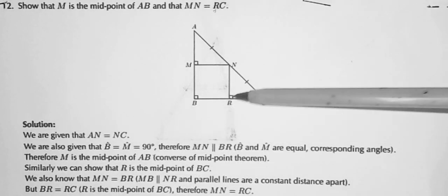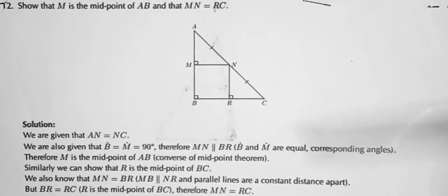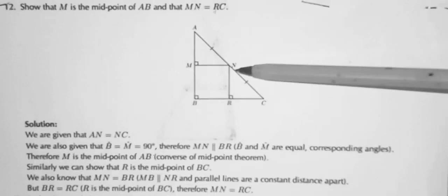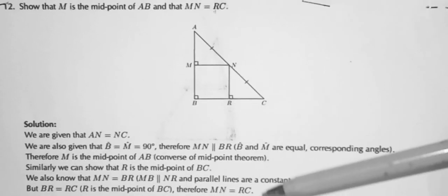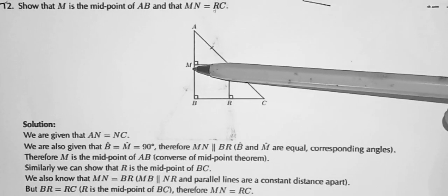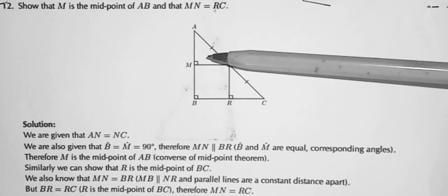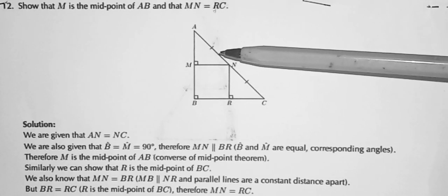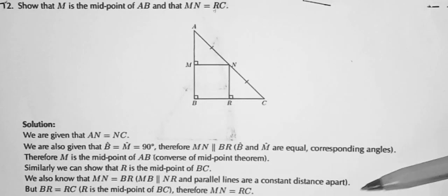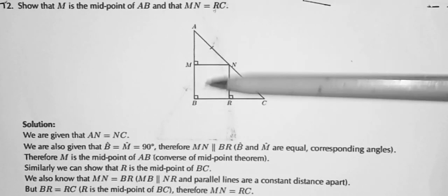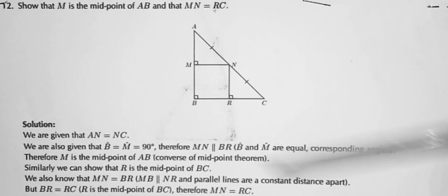Okay, so similarly, we can show that R is the midpoint of BC. We also know that MN is equal to BR because MB is parallel to NR, and parallel lines are a constant distance apart. But BR is equal to RC.